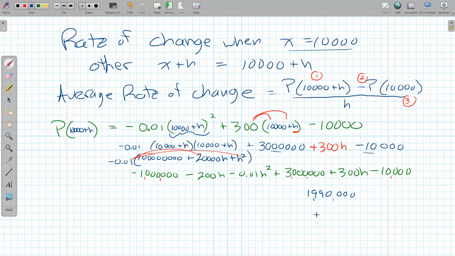Someone check my arithmetic on that. 300 minus 200 is 100h, and then that's just hanging negative 0.01h squared. And the 100 is positive, and the 300 million dominated, so that's positive also. Oof, that was a lot of work.